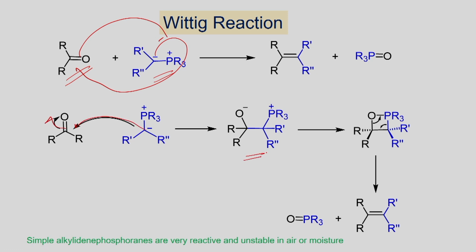Once you form this one, which can form this cyclic intermediate which can rearrange as shown here to phosphine oxide, and you will be able to form alkene as a product. This has broad application in organic synthesis.